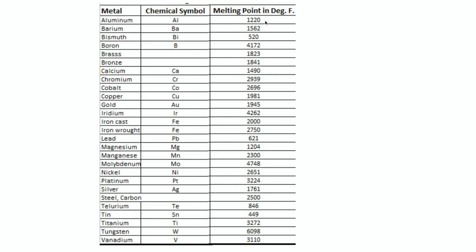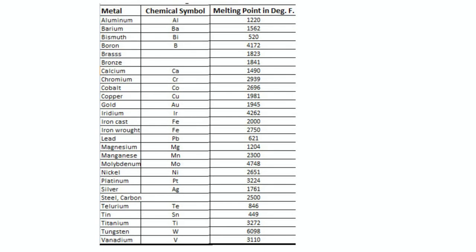So aluminum will melt at 1220, but if it's already liquid aluminum and I decrease thermal energy, when it gets down to 1220, aluminum will freeze at 1220. Our king of the melting and freezing points down at the bottom is tungsten.